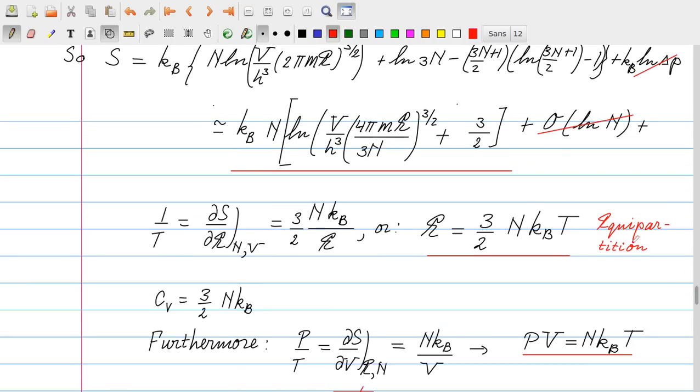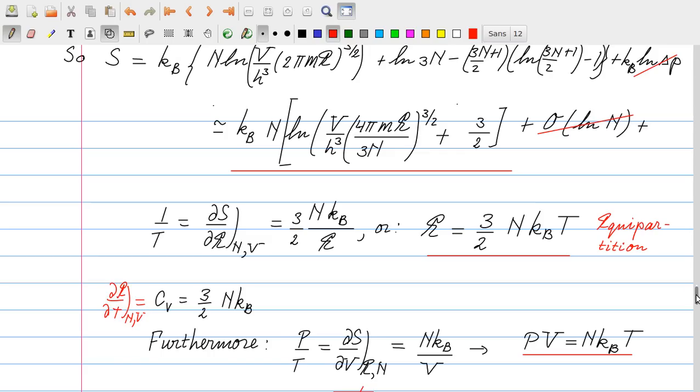And from the equipartition theorem, it's easy to see that C_V, which is also dE/dT at constant N and V, is given as 3/2 N k_B.